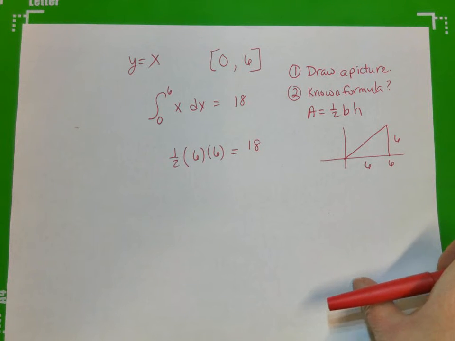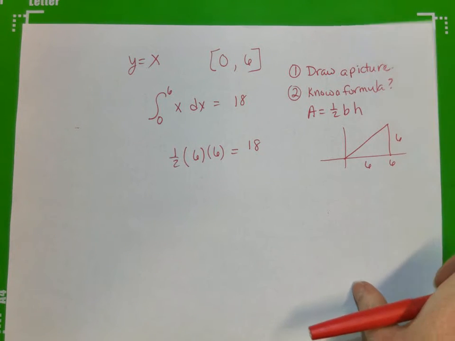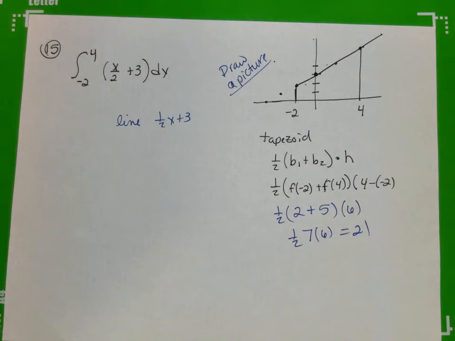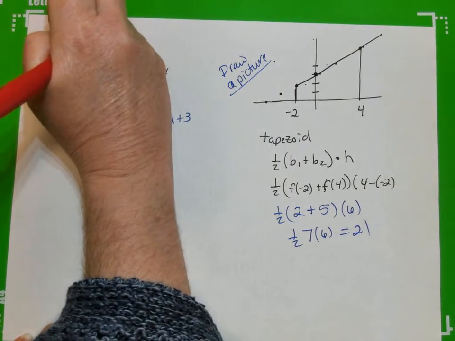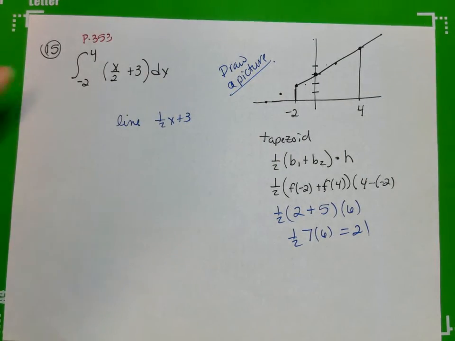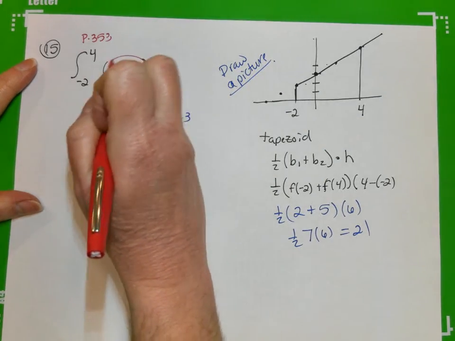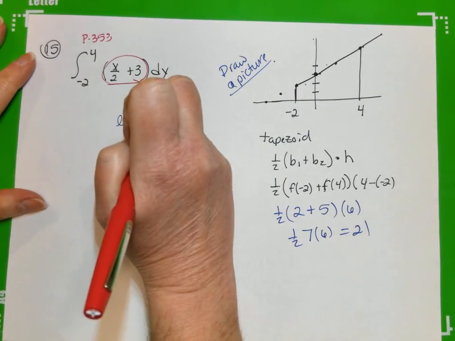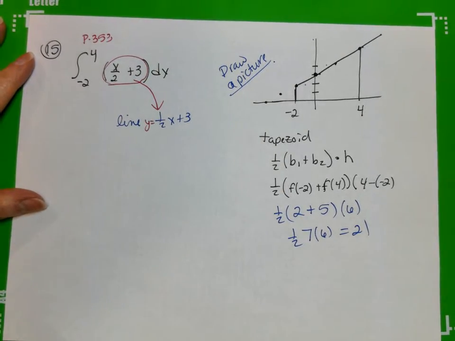Well, let's take a look at another example. This is actually problem number 15 on page 353. It says find the integral from -2 to 4 of x over 2 plus 3 dx. If I rewrite that, that's just the equation y equals 1/2 x plus 3.